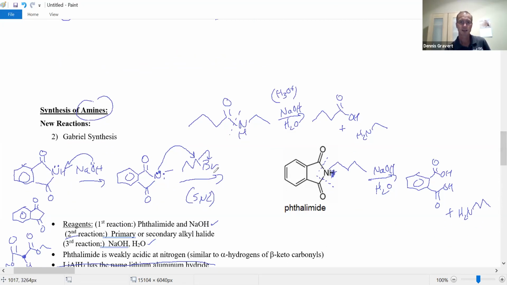And sodium hydroxide will not hydrolyze, what's this called? Hydrate carbonyl groups, but it's reversible. So you can get the reaction, the ketone to survive here. You could start with it here, right? So this should still attack the primary halide.